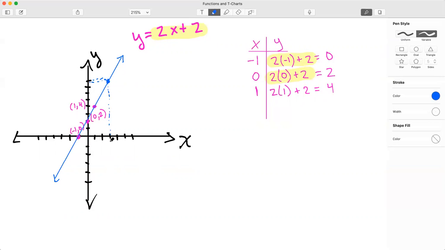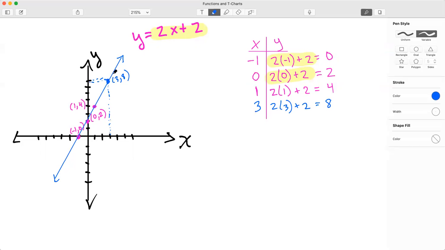So for every x value, we have a corresponding y value. You plug in 3 for x, 2 times 3 plus 2 equals 8, and you can see that point right there on the line. It even is drawn to scale.